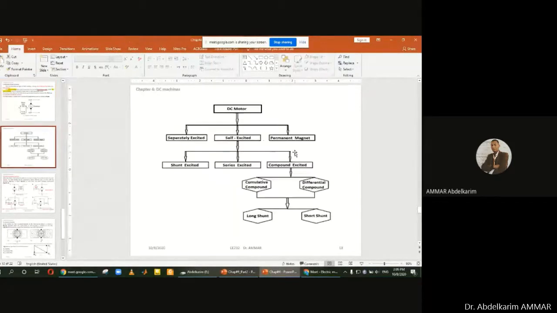So now we have seen the classification. We have the separately excited, and we have the permanent magnet, which does not need a power source because it generates the magnetic field by itself. The self-excited machine has different configurations: shunt excited, series excited, and compound excited.